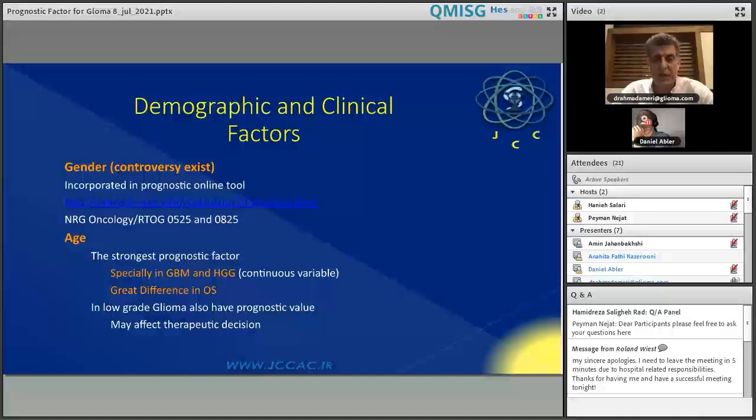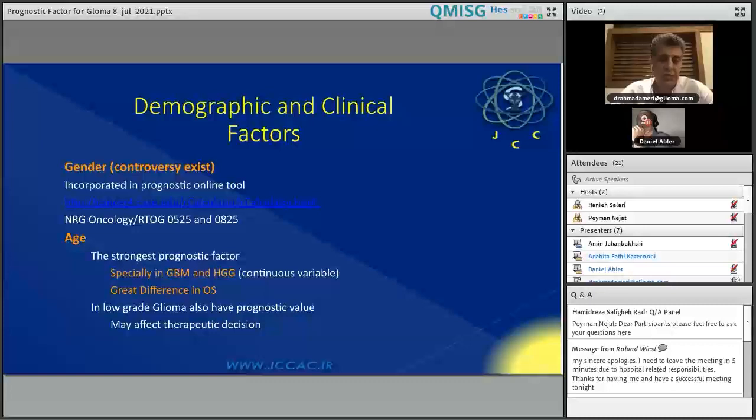But it has been used in web-based tools to define patient prognostic factors. But when we change the gender in this calculator, you see that the difference in results is very small.